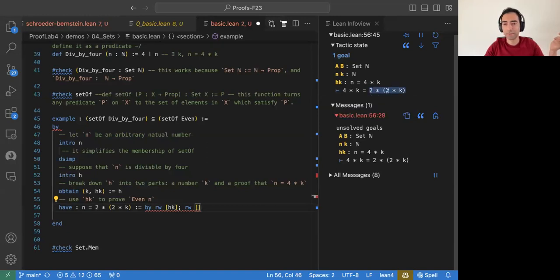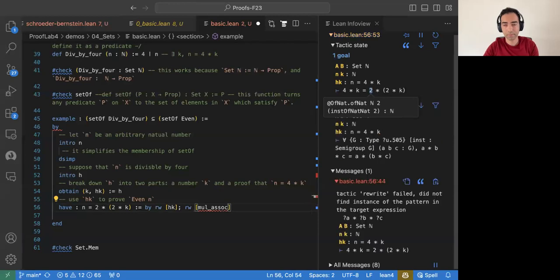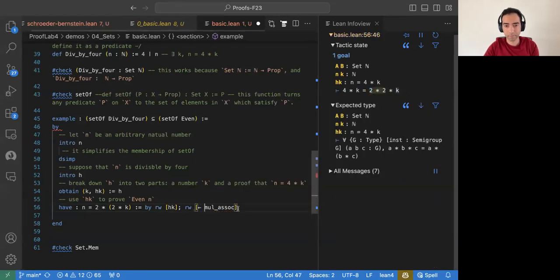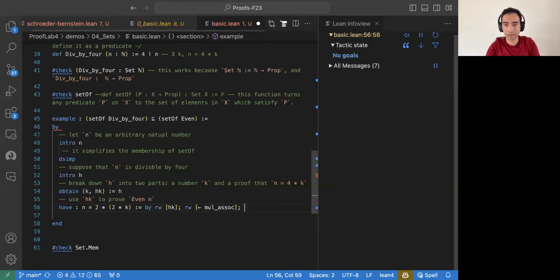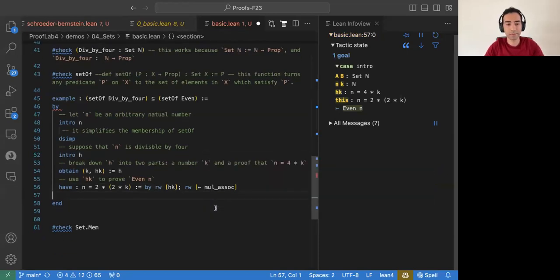Because we want to first rebracket this to write 2 times k, and then 2 times 2 is 4 by reflexivity. So maybe we can write mul_assoc, but backward. And now there's nothing to prove. But ring as well does that. But ring is a really powerful tactic.